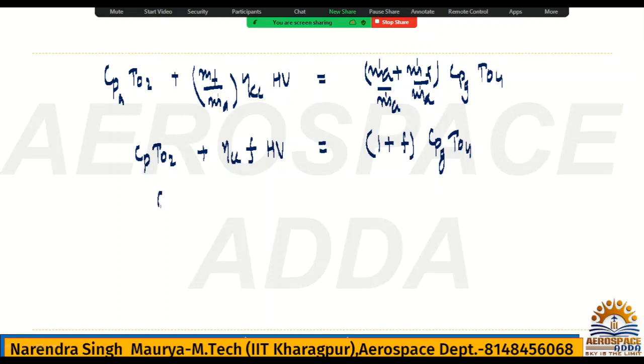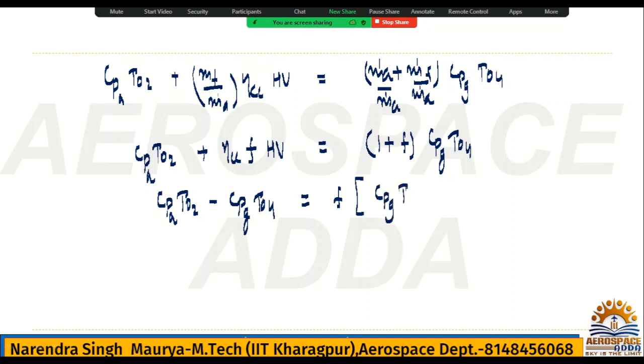What you can do, Cp of air, T naught 2, I can take minus to this side, so it is Cp of gas T naught 4, and I can take f common. So small f times Cp of gas T naught 4 minus eta cc into heat value.